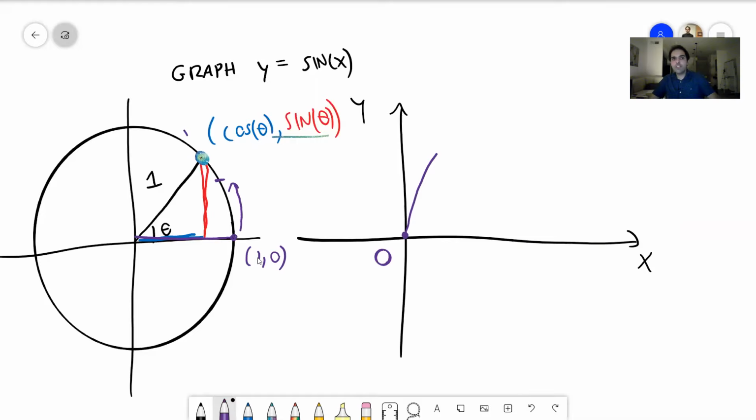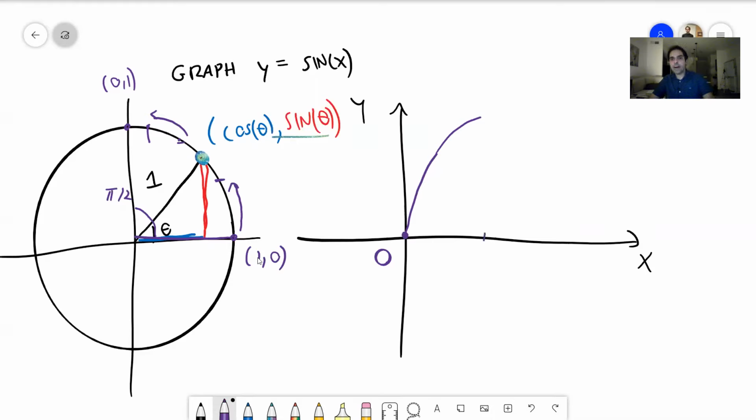But then roughly around here, it goes up by very little, because you see, we changed the angle by so much, but we just went up by a tiny little bit. So it goes up very fast and then it increases more slowly up until we're at this point, which is (0, 1), which, if you notice, corresponds to an angle of pi over 2.